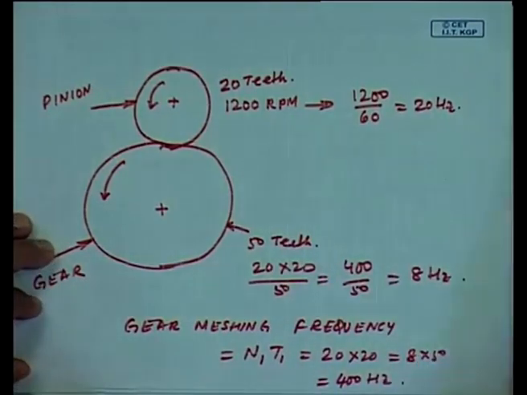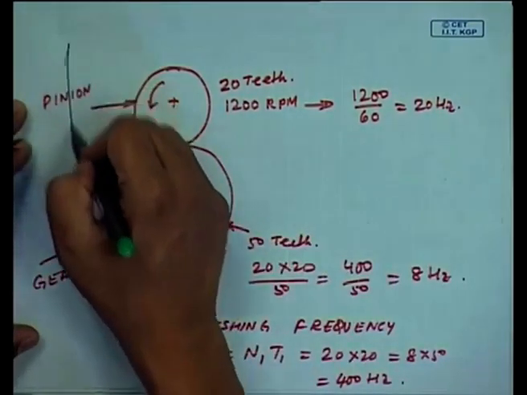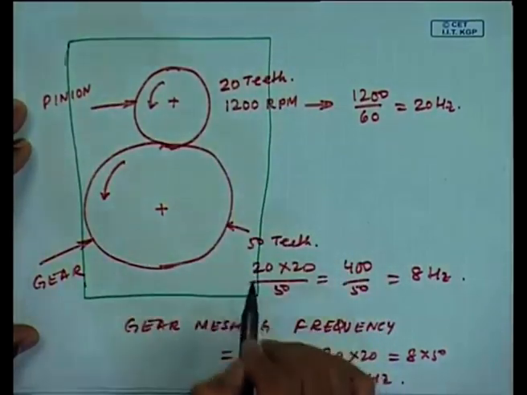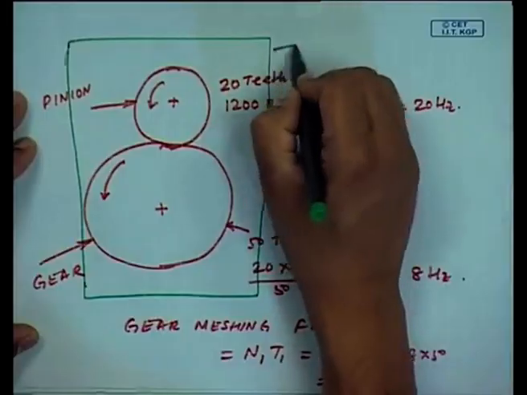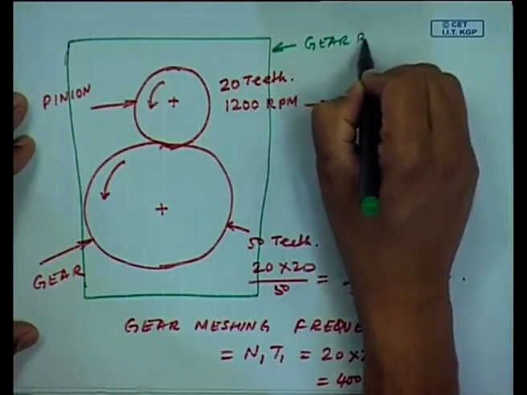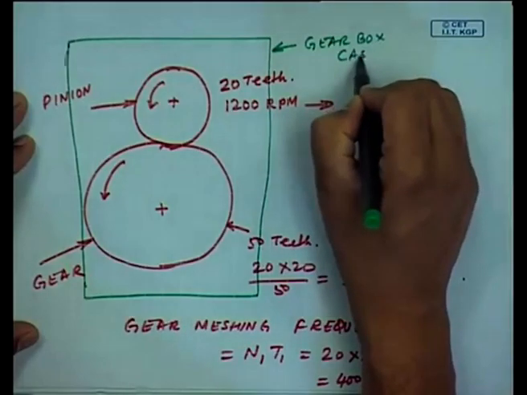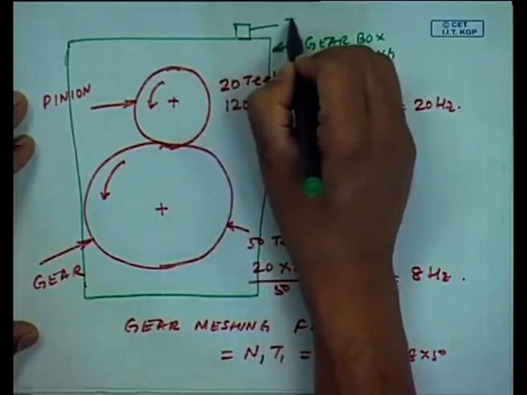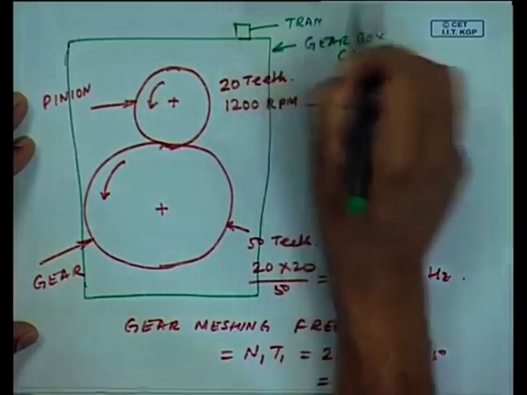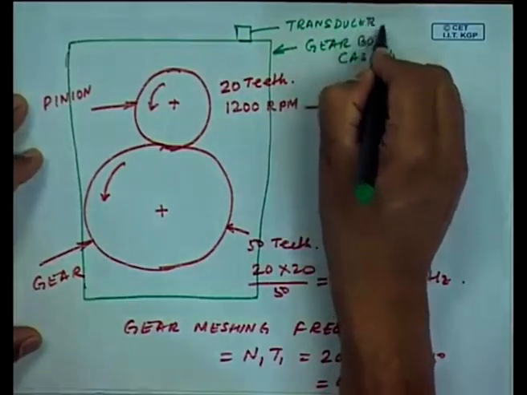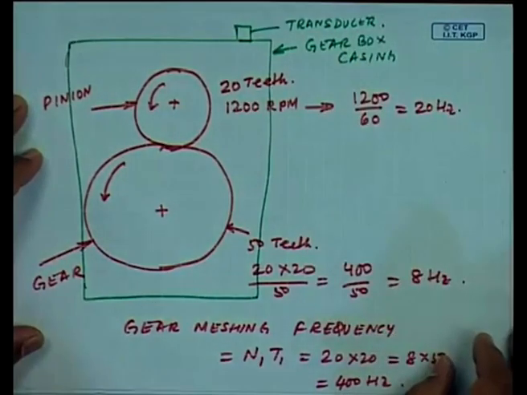Now, suppose for the sake of measurements, I put this set in a gearbox. This is the gearbox casing, and I put one transducer to do the measurements.